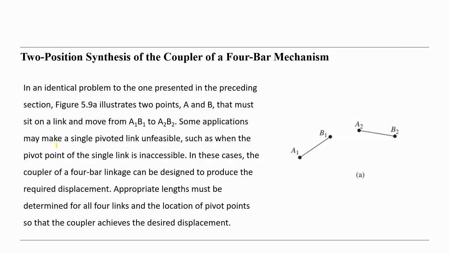Some applications may make a single pivoted link useful, as we already learned. But the coupler of a four-bar linkage is useful when the pivot point of the single link is inaccessible. So it could also be difficult, inaccessible.